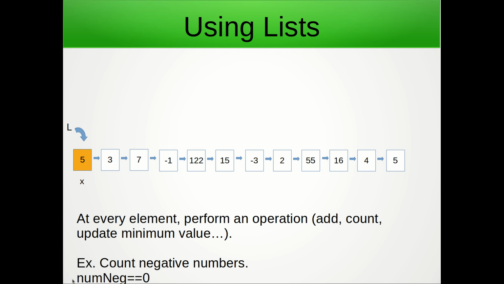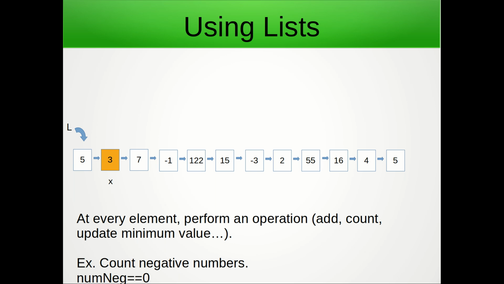At first I initialize this counter variable at 0 because I haven't found any negative elements in my list yet, and then at each element, at each position of the list, I check whether or not I have to update it.